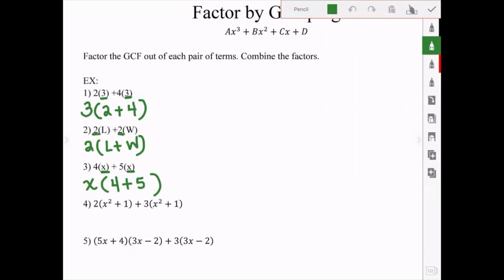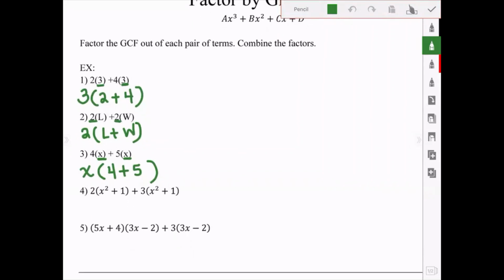On number 4, we look at what they have in common, and they both have x squared plus 1. So we're going to bring x squared plus 1 out front, and then write what we have left, a 2 and a 3.